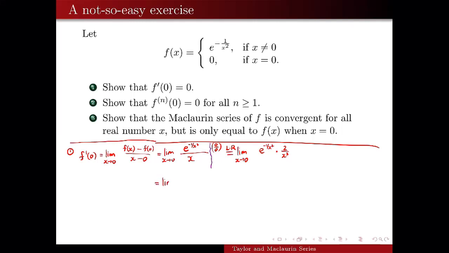This guy here is still equal to the limit as x approaches 0 of 1 over x over e raised to 1 over x squared. Sorry, that's positive in here. And as x approaches 0, both of these will go to infinity.